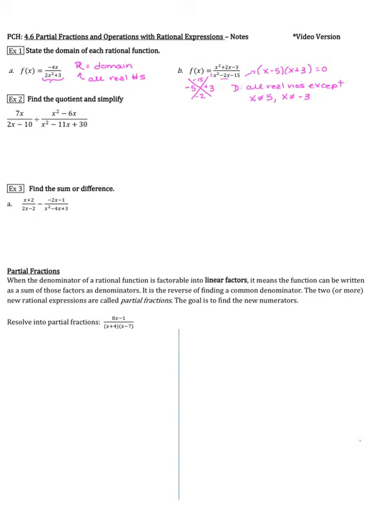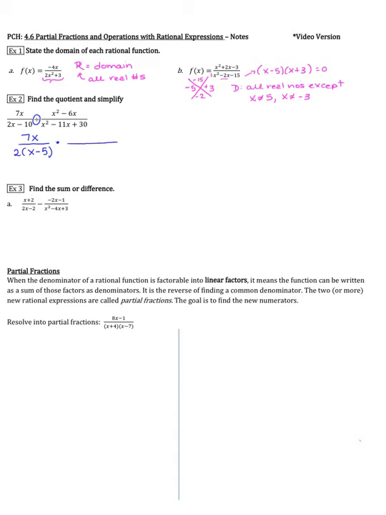Now we want to be able to just work with these, so a little bit of a reminder when you're working with these rational equations. So this is division, which means you invert and multiply the second equation. So as I rewrite it, I'm going to also factor. So my denominator, I can factor out a 2, and then we turn this into multiplication.